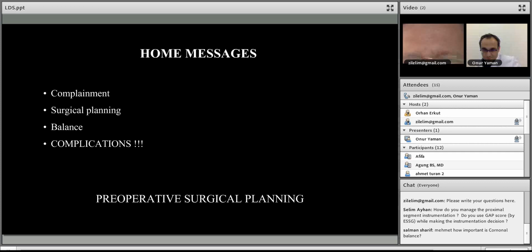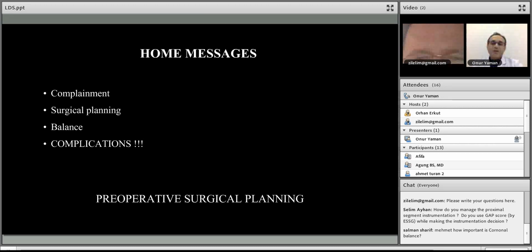One question is, how do you manage the proximal segment instrumentation? Do you use the GAP score while making the instrumentation decision?